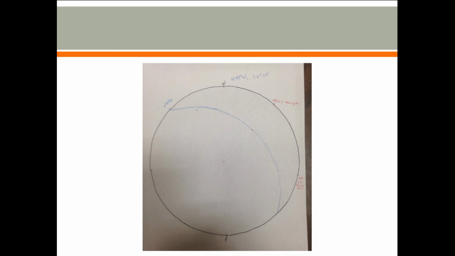Parts 1 and 2 are on the first piece of paper, and then part 3 is on the second piece of paper. Every step has a different letter, capital or lowercase, so you can use those to label, so you don't have to have it all cluttered up with writing strike and dip and stuff like that. Just use the letter labels on there. So with that, we should be able to get started.